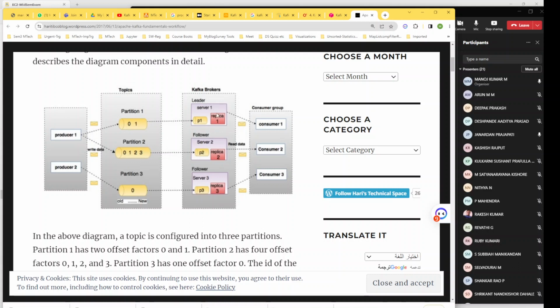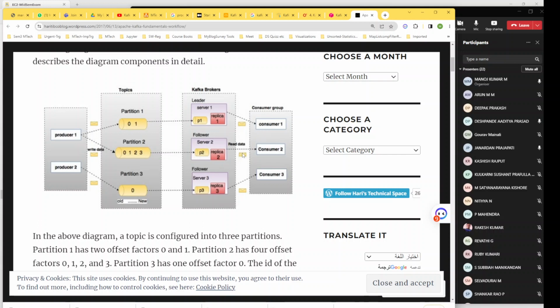Yeah. So then the leader says it's going to P1, P2, which means partition 1, 2, 3. Then replica 1, replica 2, replica 3. Oh, so within this one is a replica. Yeah, that's right.